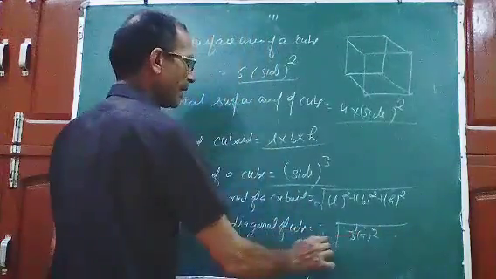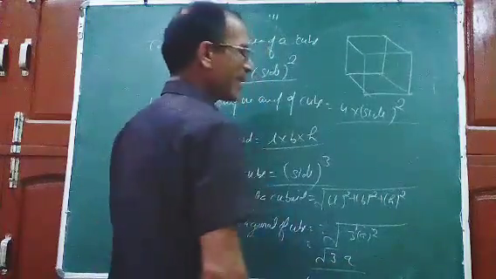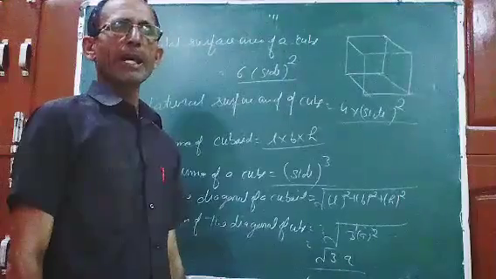The square of A we cut, so it will be root 3 into a, where a means side. So this is the formula for finding the length of the diagonal of a cube.